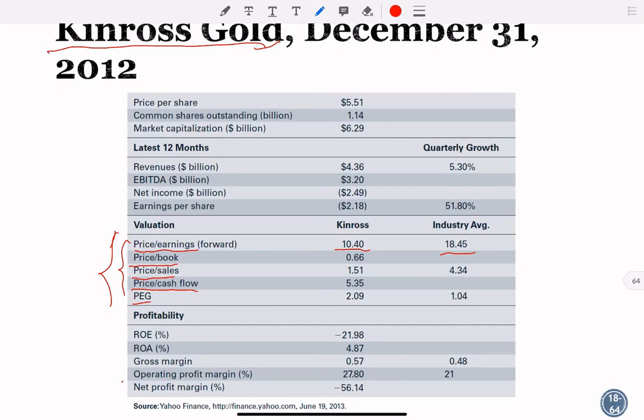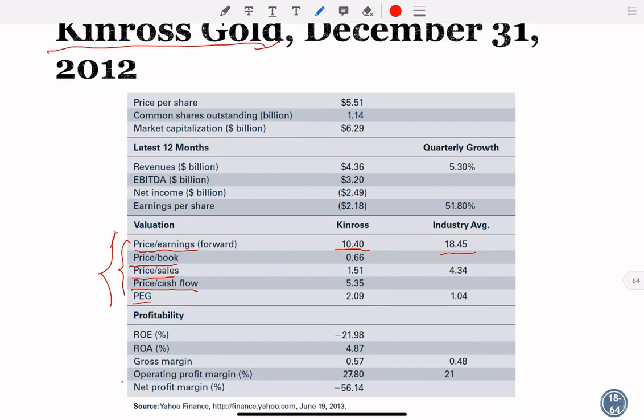So it seems like Kinross is undervalued. Remember that generally a lower PE ratio means undervalued. But you might be wrong because later you will see that whether a firm is undervalued or overvalued depends on its growth rate. And the PE ratio does not give you the growth rate.